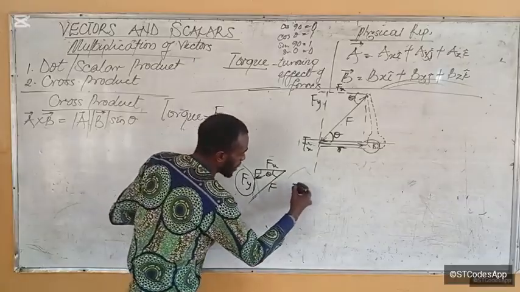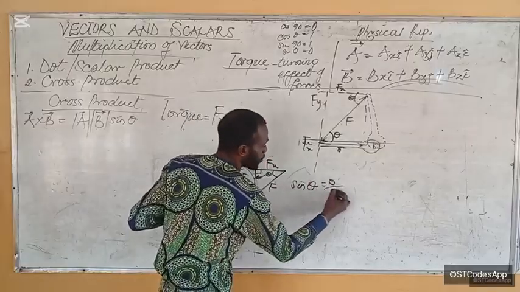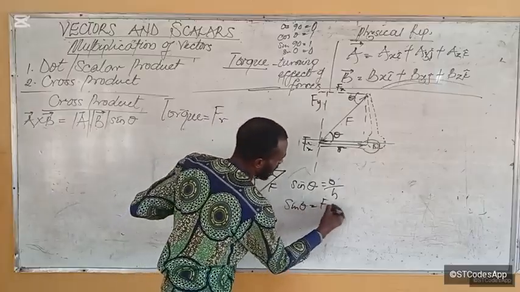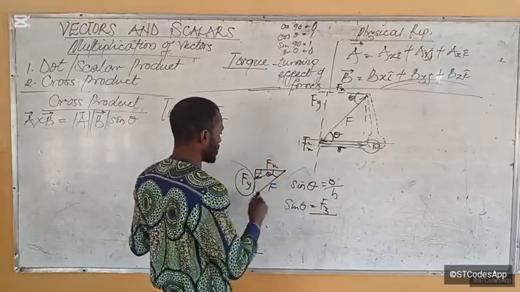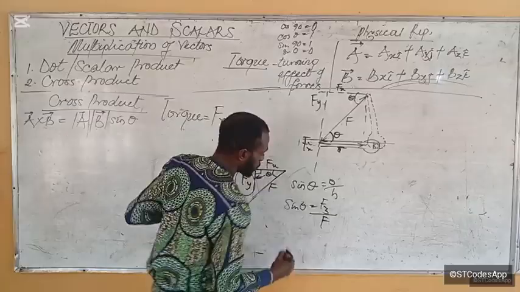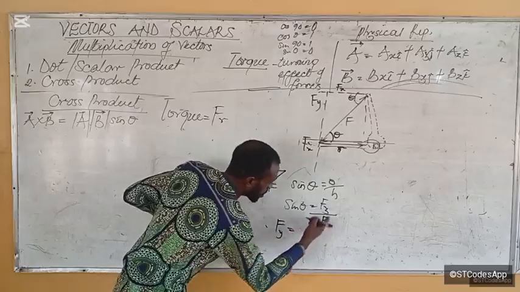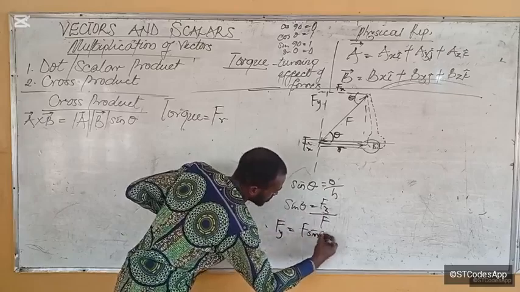So which function combines them? Sine. So sine theta is opposite over hypotenuse. What's our opposite in this case? Fy. So sine theta becomes Fy over the hypotenuse, which is F. So by the time we cross multiply, Fy becomes F sine theta.